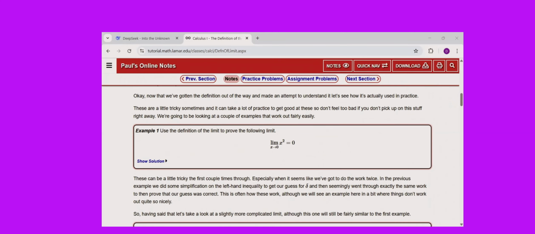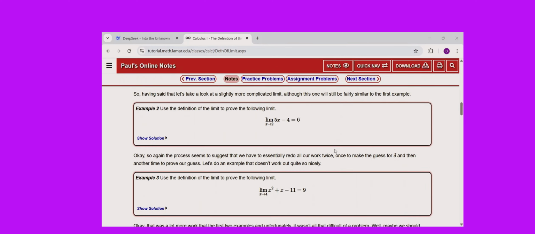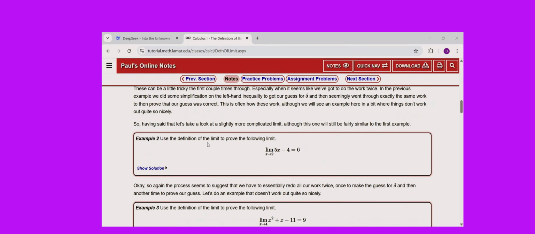Okay, use the definition of the limit to prove the limit as x tends to 0. Replace the x value: x means 0, and 0 squared is always 0. Next one, use the definition of the limit to prove the following limit as x tends to 2.